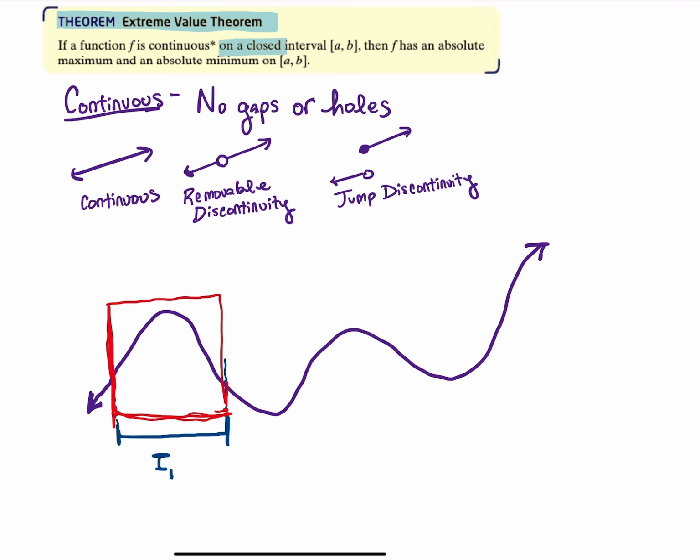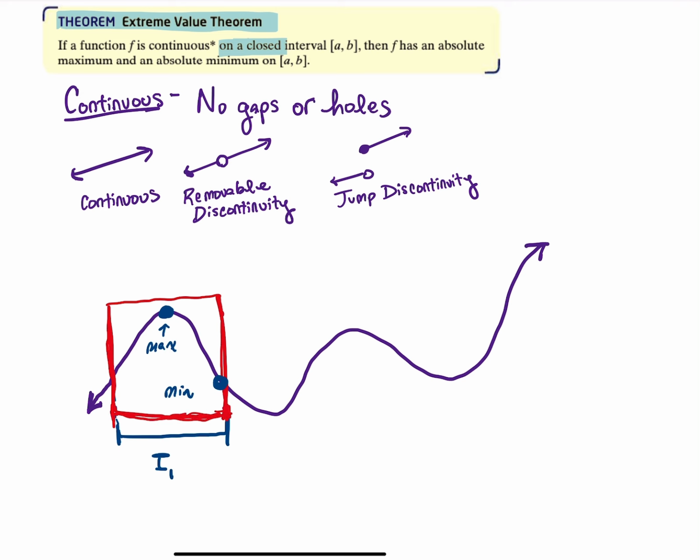In this closed interval, in this little box, it's continuous, so it can't jump around. We have an absolute maximum here, and the absolute minimum looks like it would be towards the edge here. So that gives our max and our min.